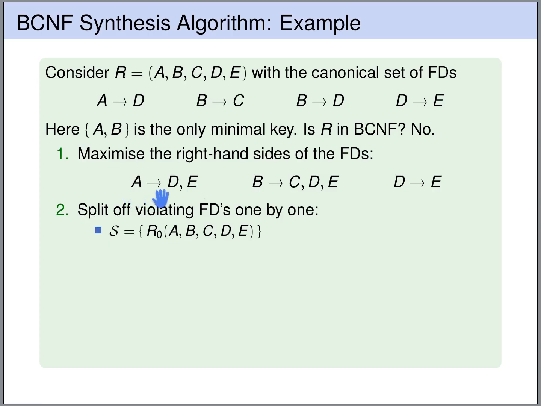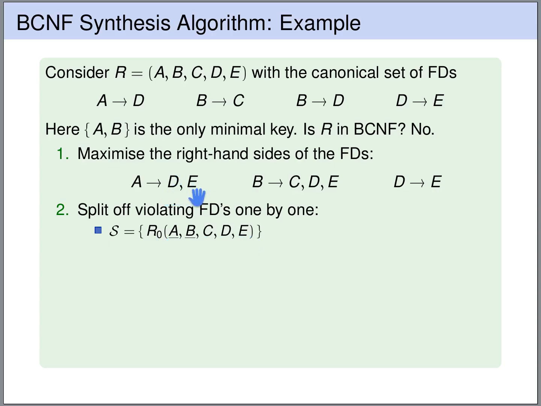So we split off this first functional dependency. We use the table decomposition method that we've seen before. So how does this work? We will create a new relation that contains the attributes A, D, and E, because A, D, and E all appear in this relation. So we create a new relation with attributes A, D, and E, and from the relation that we have here, we will remove the right-hand side.